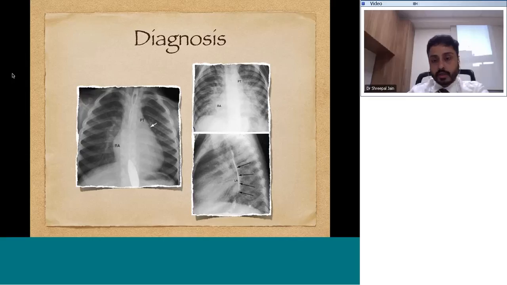Also, you could see a double contour on the anteroposterior chest X-ray produced by the dilated left atrium, and the left bronchus being elevated above. So the carinal angle is wide because of the dilated left atrium.